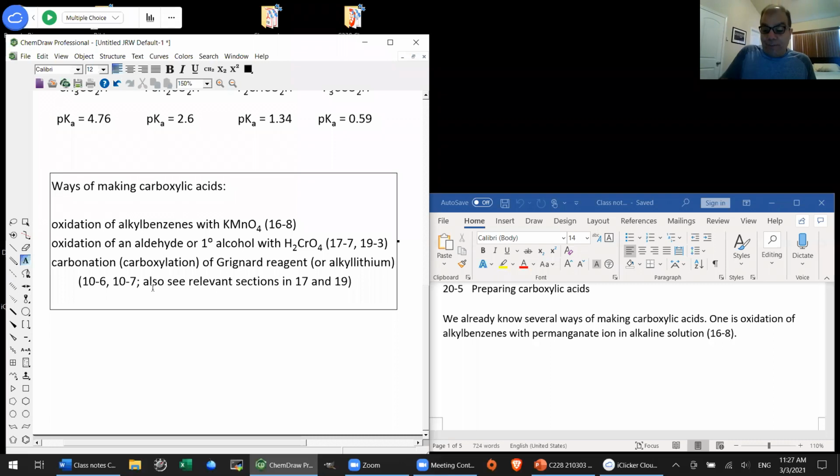Since we just talked about adding Grignard reagents as well as hydride reagents to aldehydes and ketones to make alcohols. So that's a reaction we know already. The only twist is what we're going to add rather than an aldehyde or ketone is CO2. And if you work it out, if you add CO2 and then acidify it, you'll get a carboxylic acid. So like I said, we'll go over examples next time.